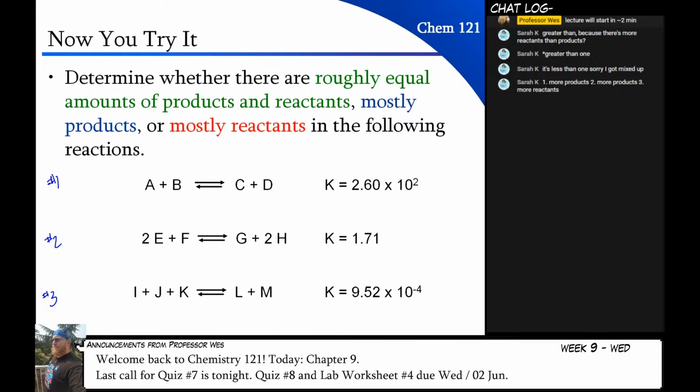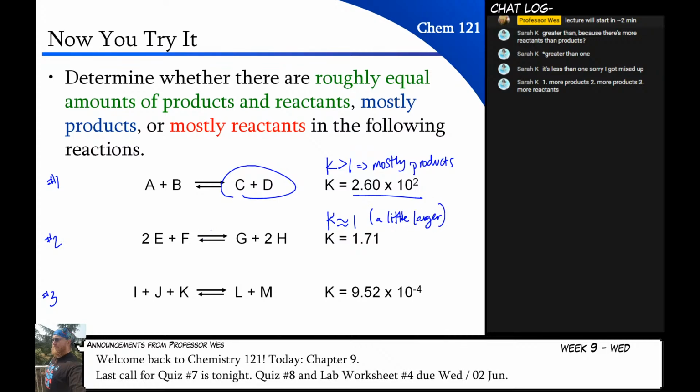All right, so let's go over the answers here. For this first one, K is larger than 1, which means mostly products. So there's mostly C and D in this container. For this one, K is close to 1. It's a little larger.